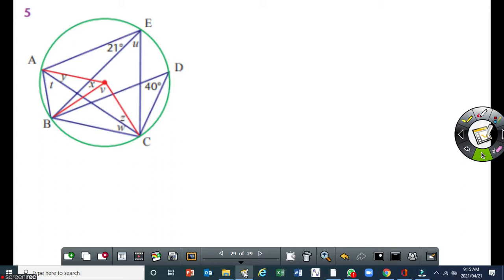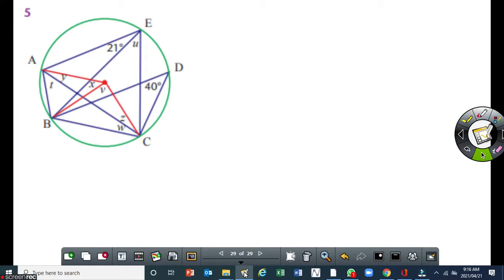Theorem 2, angle at the center is 2 times angle at the circumference. Theorem 3, an angle subtended by the diameter on the circumference is equal to 90 degrees. Theorem 4, angles subtended by the same chord on the same side of the chord, if those angles are on the circumference, they will be equal. We call them angles in the same segment.